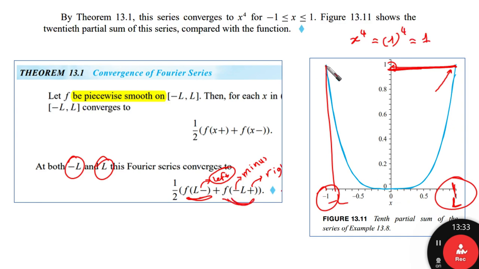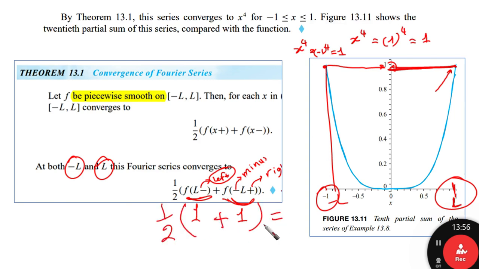From here, it is going to be x raised to the power 4, and this x, in this case, is going to be minus 1 raised to the power 4, which is going to be 1 also, right? So we are going to end up with another 1 here. So this is 1, this is 1, right? So this is 1 plus 1 times half, so it equals 1. So it means that they are going to converge to 1, and this is true, as you can see here.